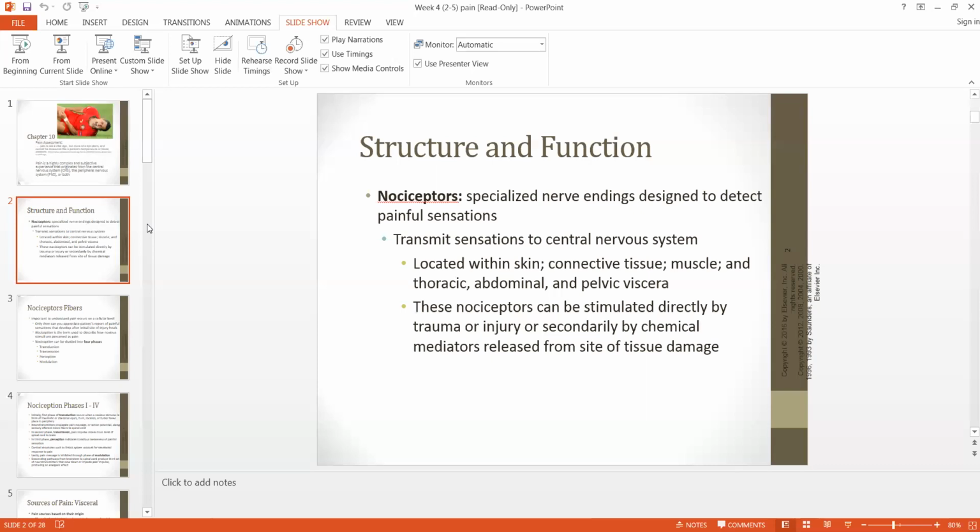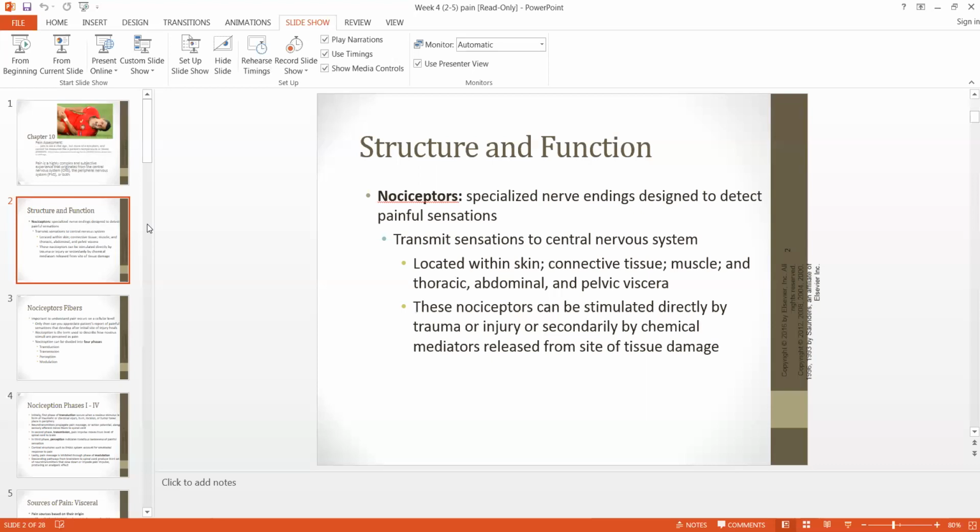Where they are not is in the brain. The brain actually does not pick up pain. Oh, but we have headaches. Those are connective tissues around the brain. Migraines are not in the brain itself, it's around. Tumors cause pain because they're displacing connective tissues around the brain.